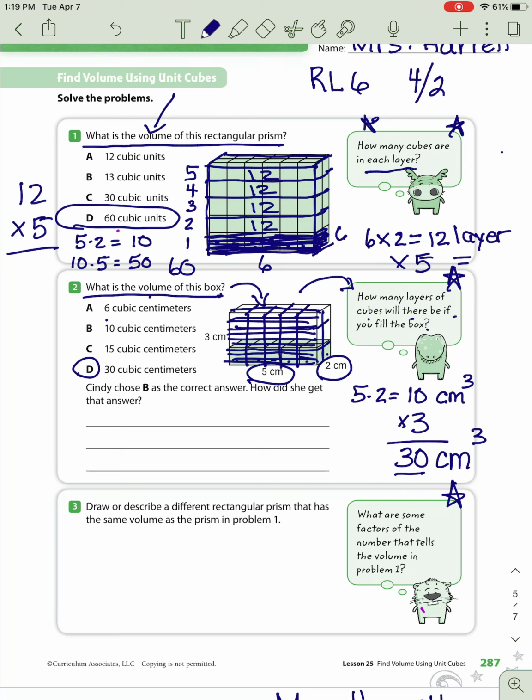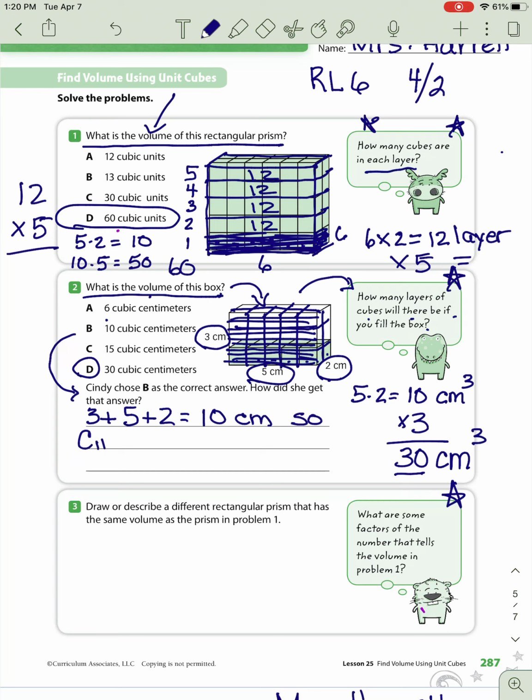Why did Cindy choose B? Well, I could say, I don't know. But I want to look over here and see what she could have done. So I'm looking at these 3 numbers that were there. I used them too, but I multiplied. How could I get to 10? I'm going to notice that 3 plus 5 plus 2 equals 10 centimeters.